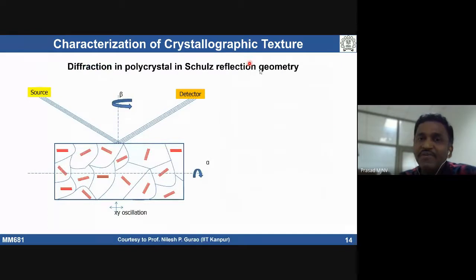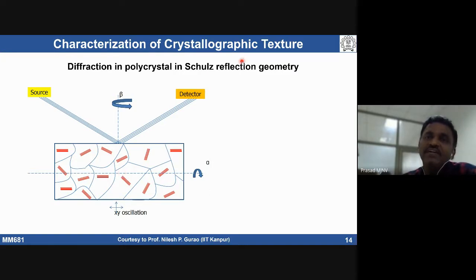By using the Schulz reflection, we rotate the sample so that we get a particular theta angle, and that angle covers a particular pole. Once it's rotated, we get another theta angle. At the same time, the sample is oscillated so that more grains can participate in the diffraction conditions.